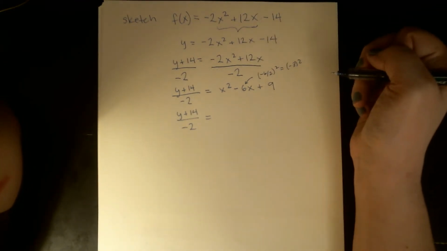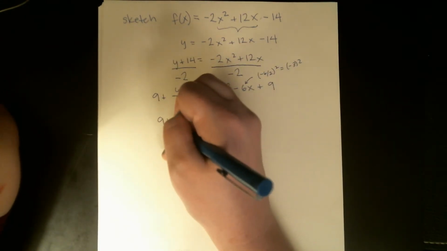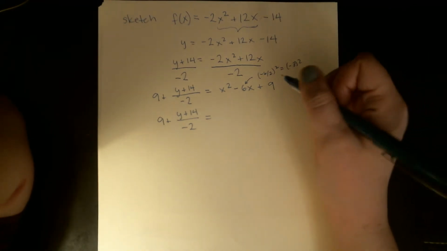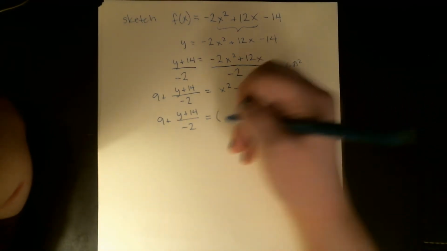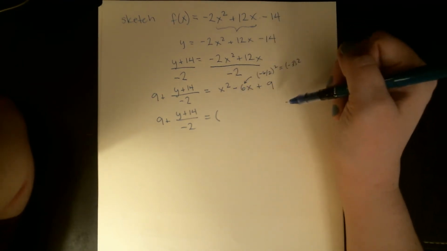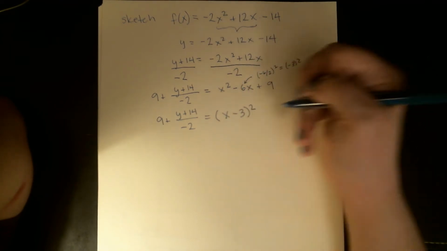Make sure, as you're doing this, that you do it to both sides. Okay, and here's where you can see if you actually did the right thing or not. When I now go to factor this thing, what I end up with is an x minus 3, x minus 3. So there's the perfect square that I was hoping for.